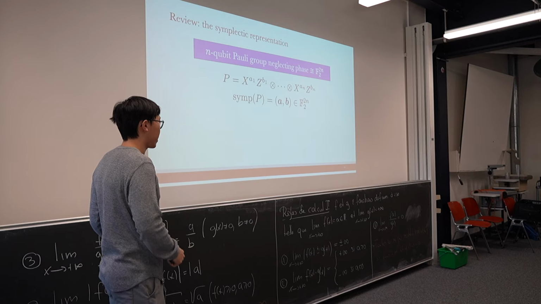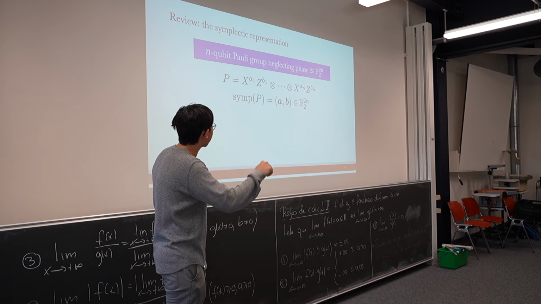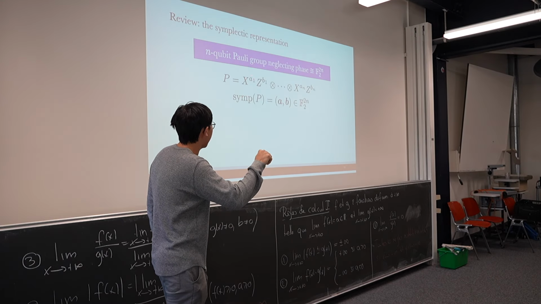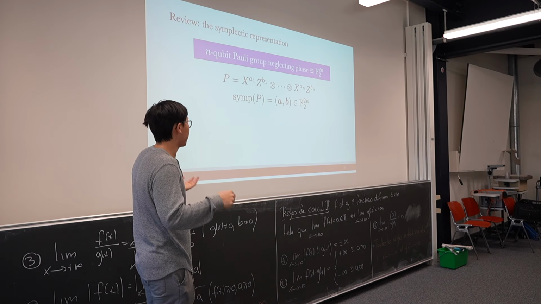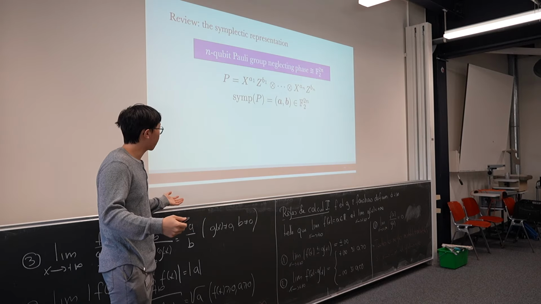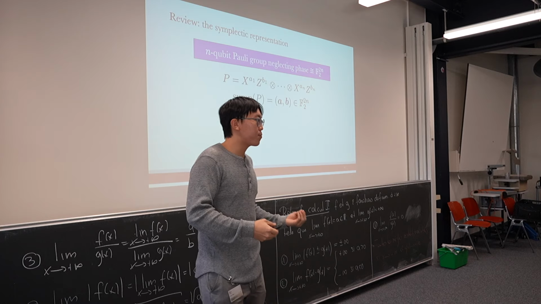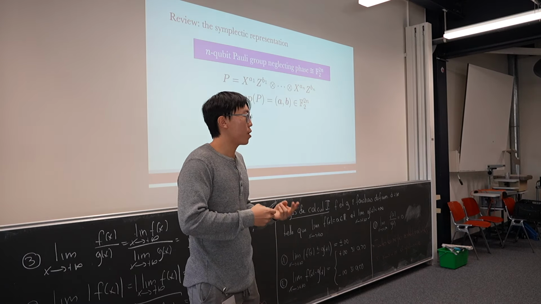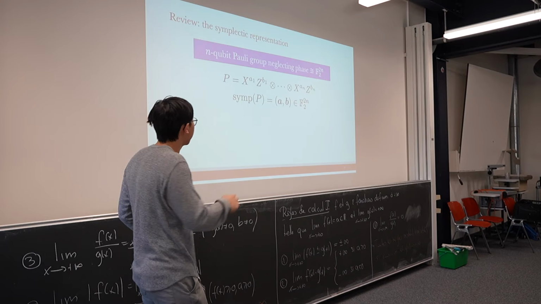If I take a Pauli string and I forget about what its overall phase is, I can always write it as some combination of x and z on each qubit. So if it's a y, it'll be x times z. If it's x, it's just x. If it's z, it's just z. Otherwise, it's just nothing. In other words, what Pauli I have on every qubit can be specified by just two bits of information, whether or not there's an x and whether or not there's a z. So we call this a symplectic representation.